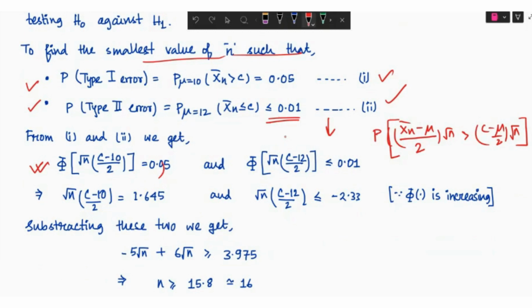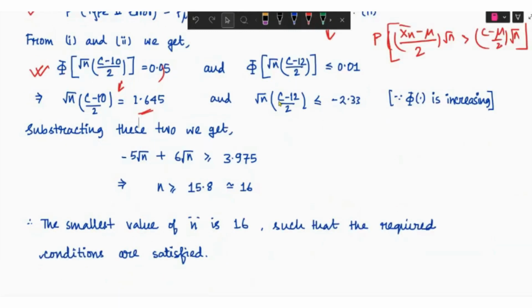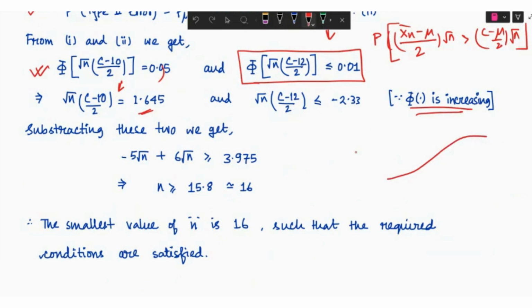So this becomes root n into (c minus 10) by 2 equal to 1.645, and root n into (c minus 12) by 2 is less than or equal to minus 2.33. Since this is given as less than or equal to 0.01 and phi is an increasing function, we have phi like this. Okay, this is 1, this is 0.